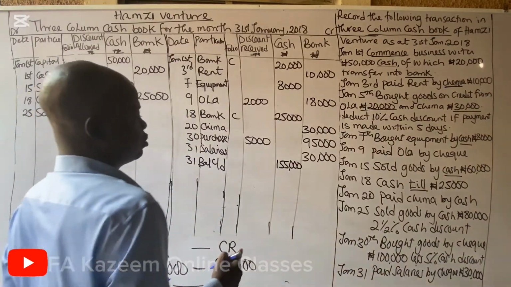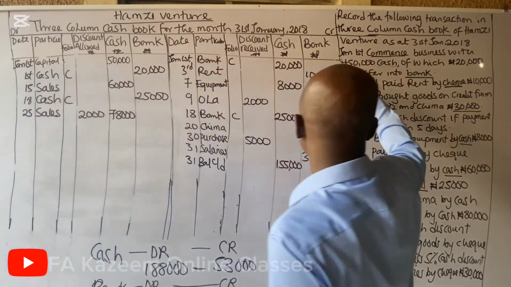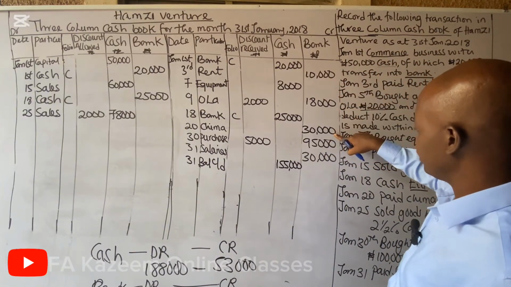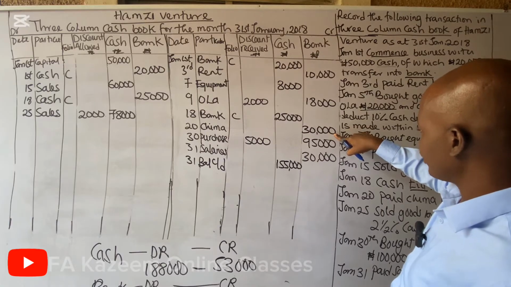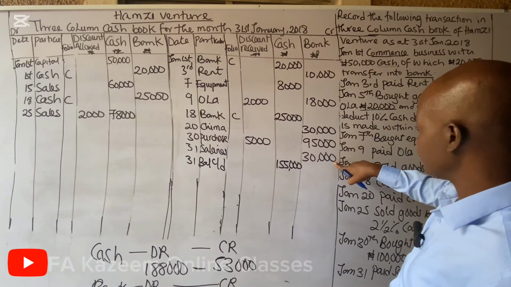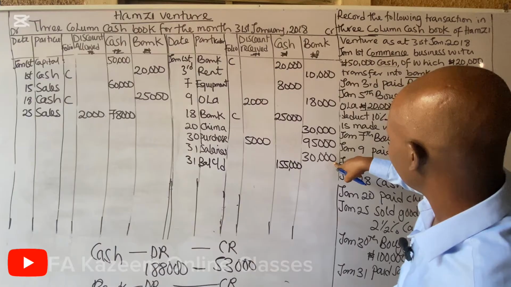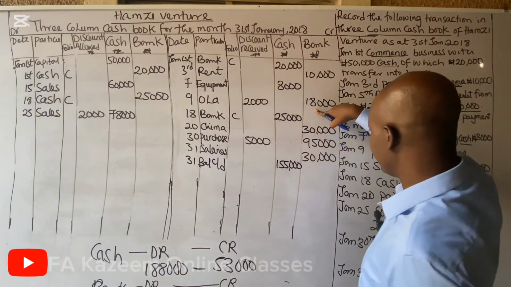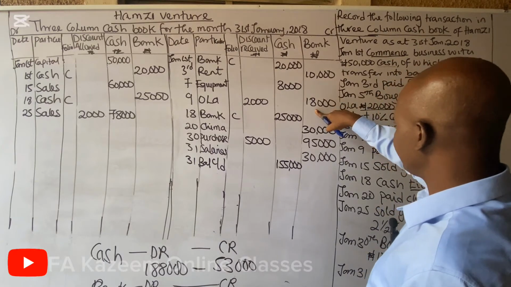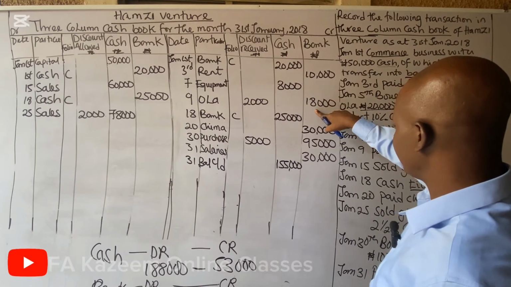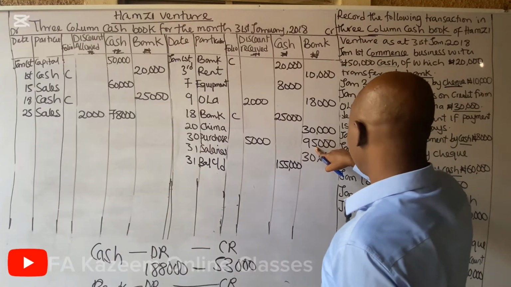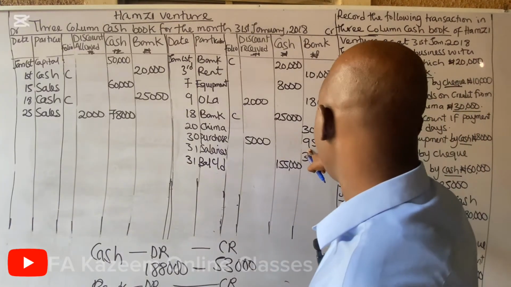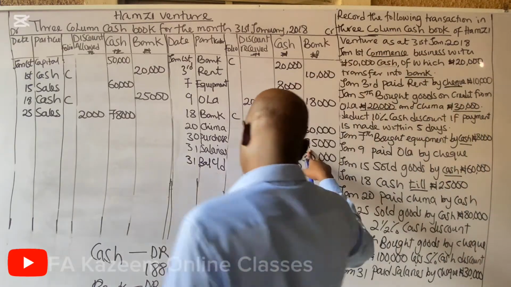For bank, please help us with the calculator. 10 plus 30, 40, 40 plus 30, that's 70, 70 plus 18, that's 88,000, 88 plus 5, that's 93, 93 plus 90, that's 183.